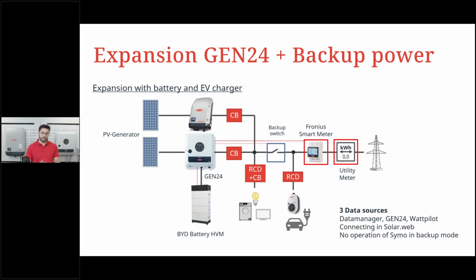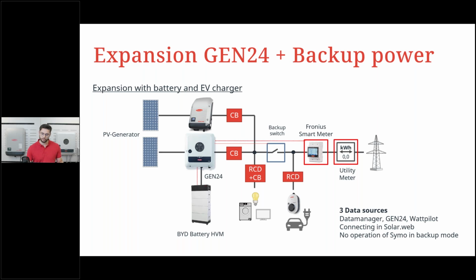Now, last but not least, there would be this scenario with a backup switch. Could be looking like this. We have the backup switch right here, and the SnapInverter as well as the GEN24 inverter are connected here now to the loads. And of course, the GEN24 would start up the production also during a blackout when the backup switch is disconnecting from grid and supply the loads.